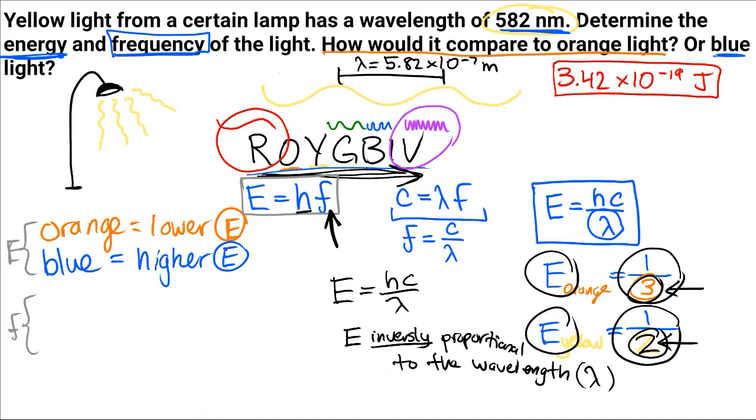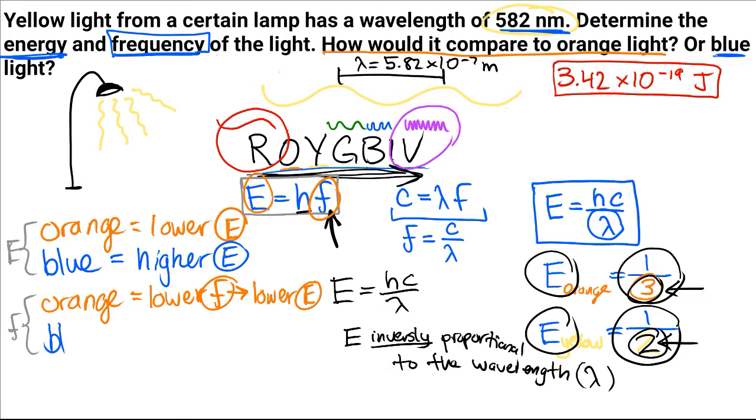So orange light would have a lower frequency, and because it has a lower frequency, it has a lower energy. So I'm going to put lower f leads to lower E. So the lower frequency of orange light leads to a lower energy because as f would decrease, so would E, and as f would increase, so would E. And blue light would follow that same logic.